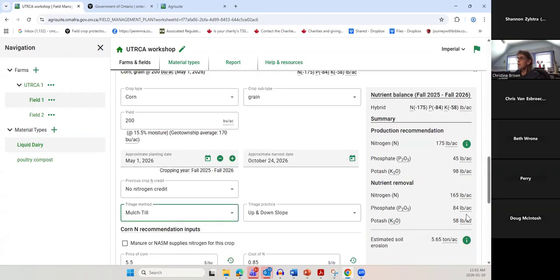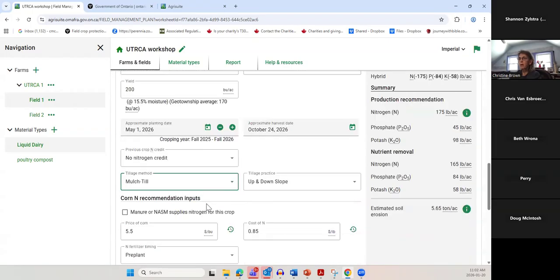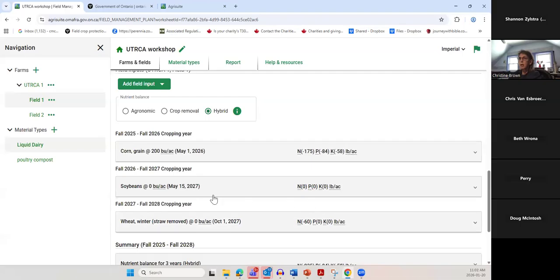My nutrient removal in this case is 8458. So my phosphorus removal is higher than the recommendations. For potash, my recommendations are higher than the removal. So I'll be looking at the hybrid, but we'll also look at what the removal tells us for recommended rates. My next one is the soybeans.